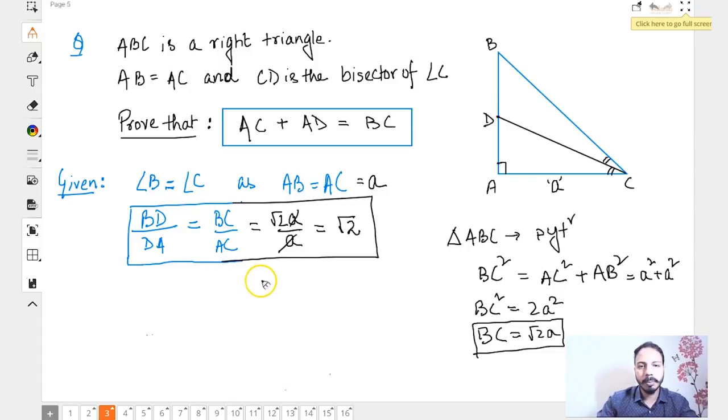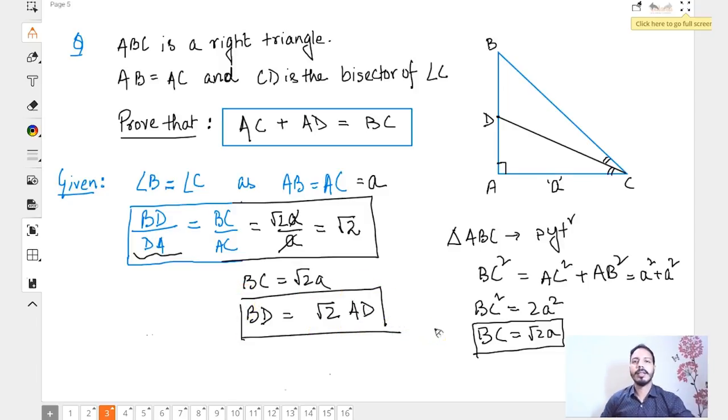That means BC is root 2 times A, and this will tell us that BD is equal to root 2 times DA or AD.